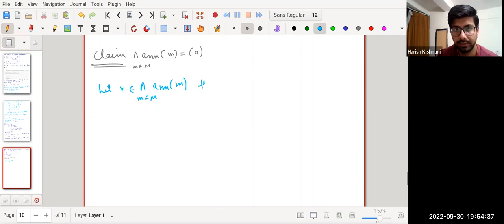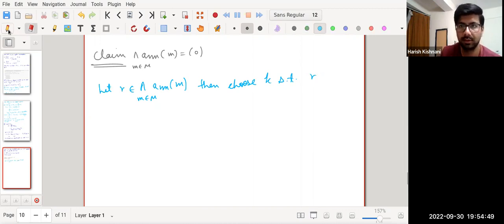Then choose k such that r is strictly less than 2^k.